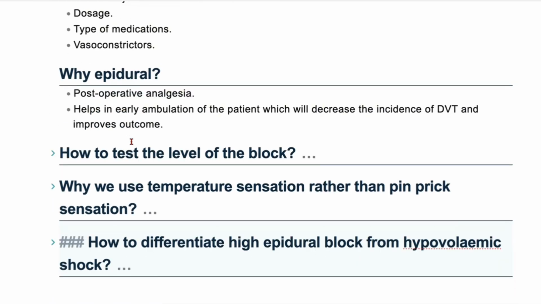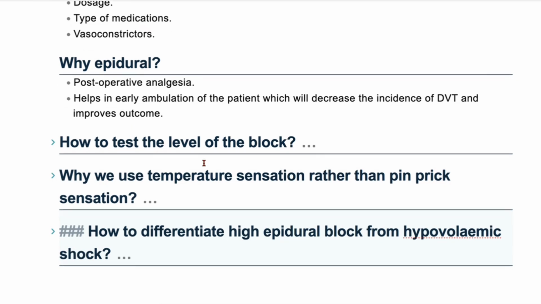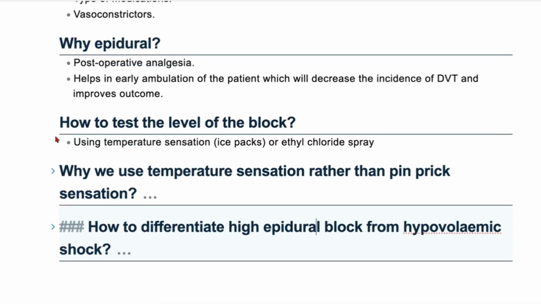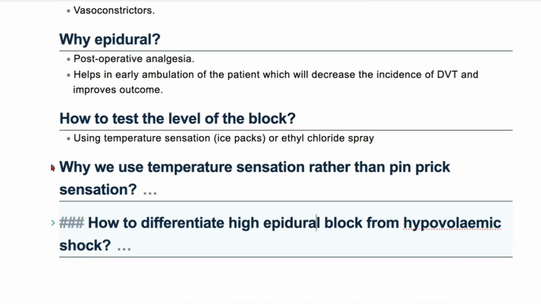And how will you test the level of block? We can test the level of block using cold ice packs or ethyl chloride spray. And why do you use temperature sensation rather than pinprick sensation? Temperature sensation is used over pinprick because pinprick can increase the risk of infection. It can cause pain and it can cause bleeding.